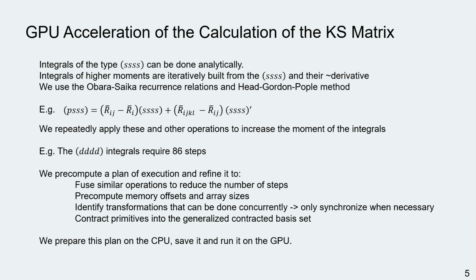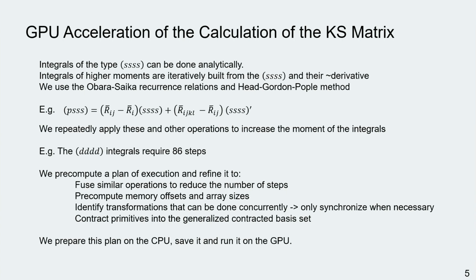We choose to go through the Obara-Saika recurrence with the Gordon-Pople method for the early contraction. Very simple integrals between s-type orbitals can be done analytically, which is helpful. Integrals of higher moments can be built iteratively from these fundamental orbitals and their derivatives. As I said, we use the Obara-Saika vertical recurrence and the Gordon-Pople method.